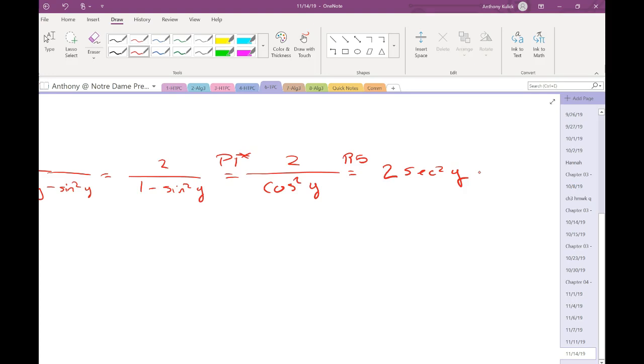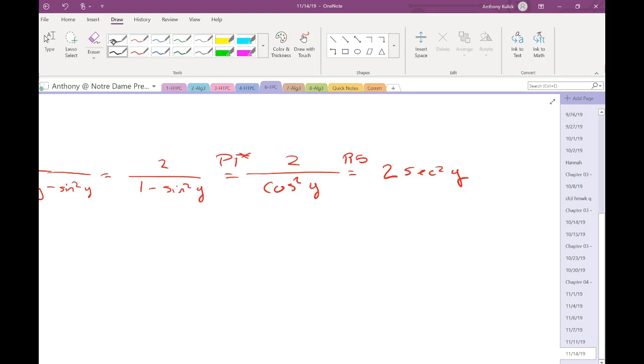Secant is equal to 1 over cosine, right? So secant squared is 1 over cosine squared. That's what we have. We have 2 times 1 over cosine squared. So that's it. Then we're done, because we're down to a single trig function.